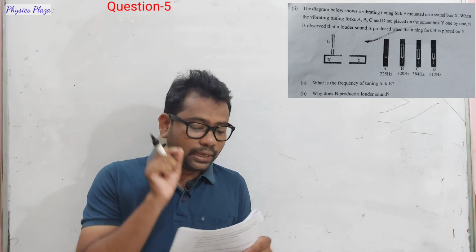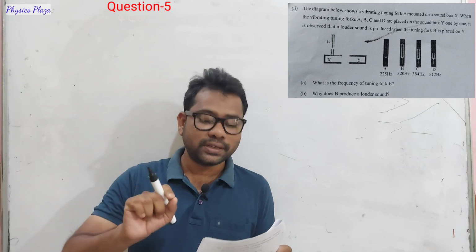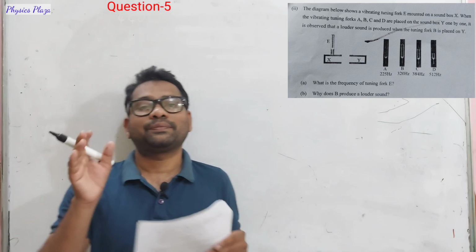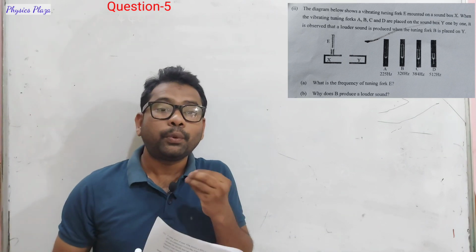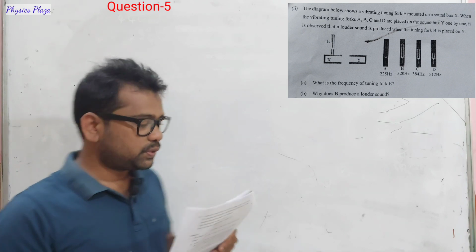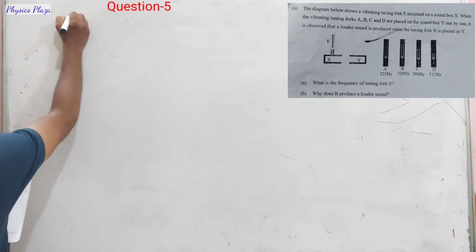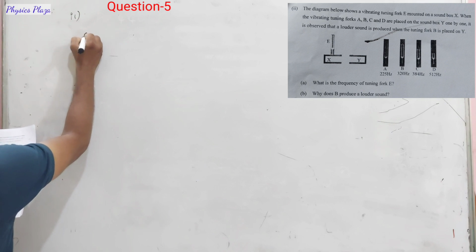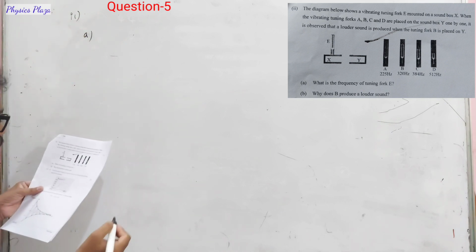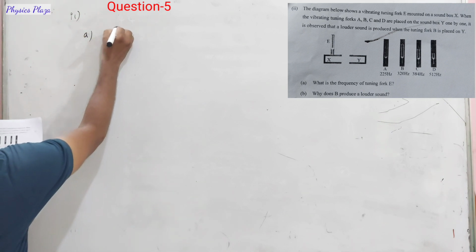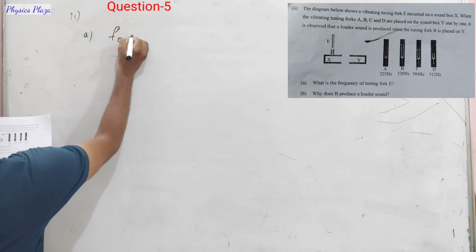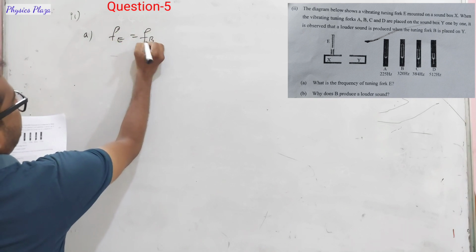That is, tuning fork E is in resonance with tuning fork B. It happens when both frequencies match. So the answer to question A, what is the frequency of tuning fork E, is that the frequency of tuning fork E must be equal to the frequency of tuning fork B.